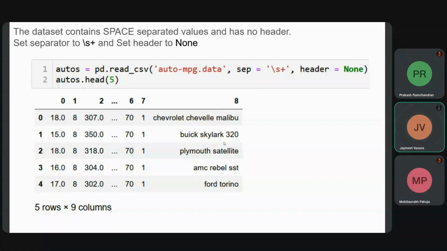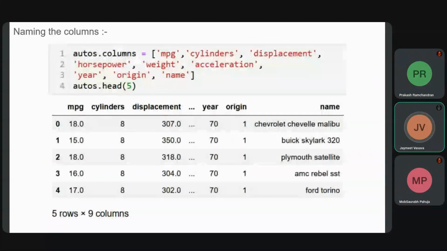When we print the first 5 entries of the data set, you can see how the data set looks in its raw form. After that, we will be naming the columns.